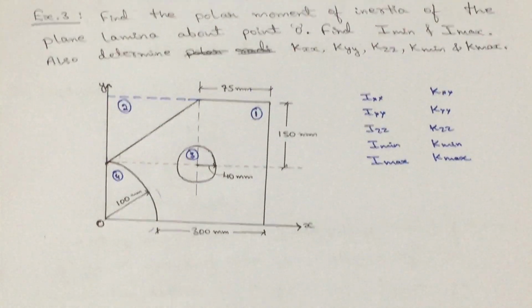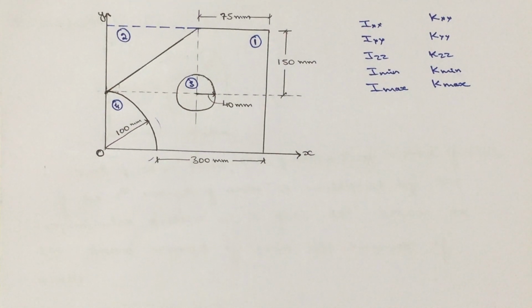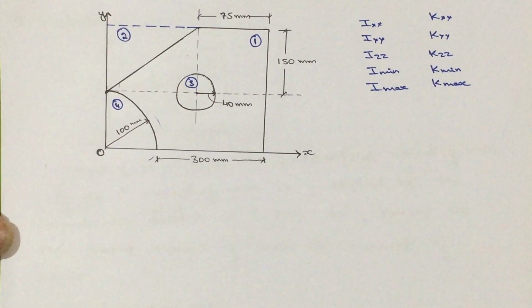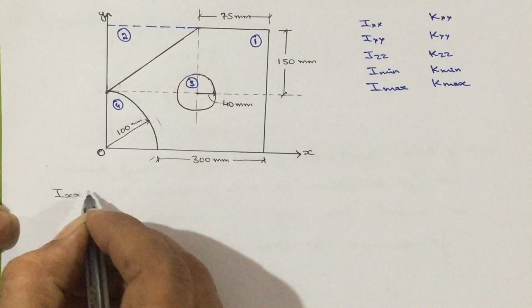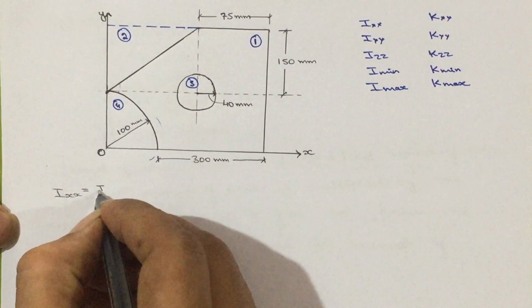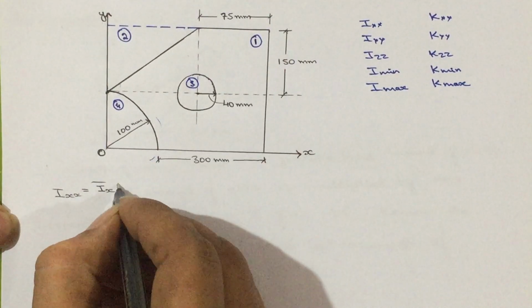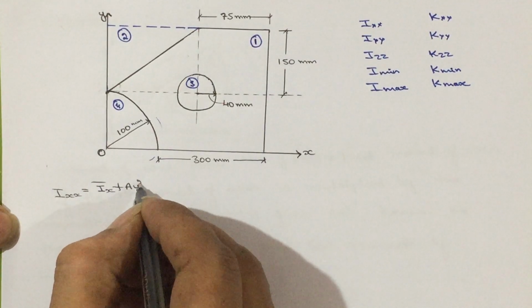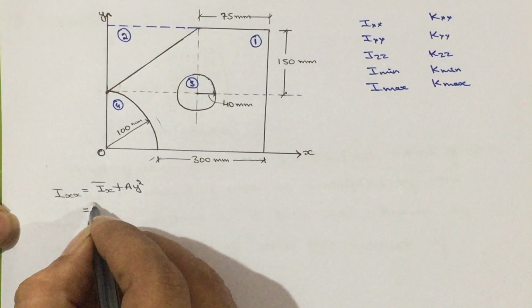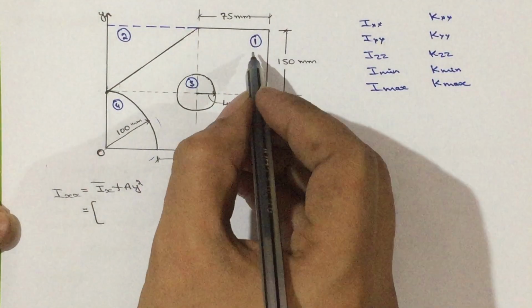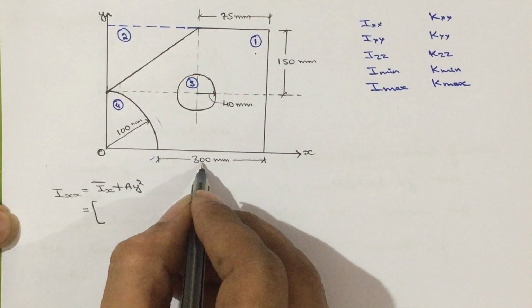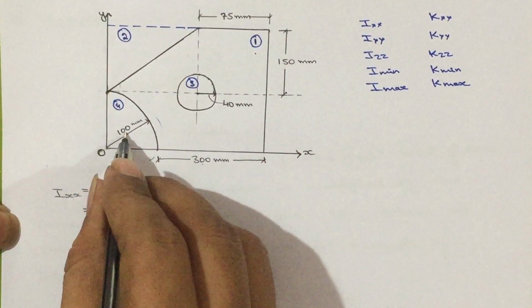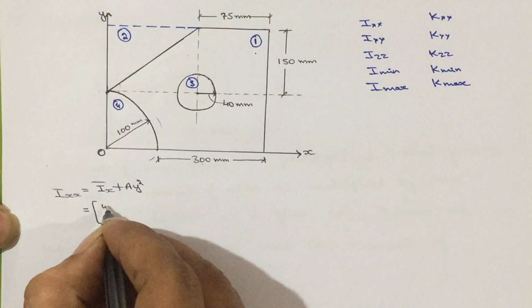Now, let us continue. First, I am going to calculate Ixx by using the formula. Ixx is equal to Ix bar plus A into y square. So, that is equal to, the first one is rectangle, Ix bar is BD cube by 12, B is 300 plus from here to here it is 100, 400.